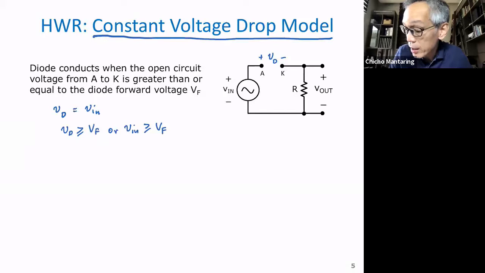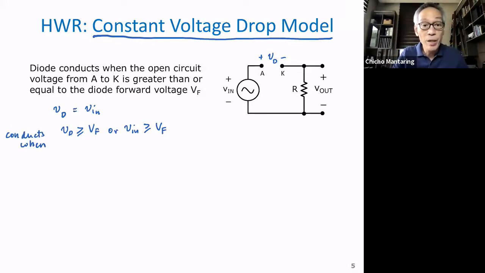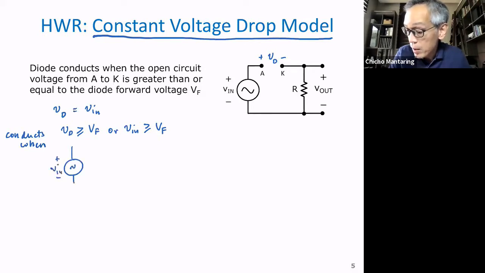Okay, so this conducts, no? So the diode conducts when V in is greater than or equal to V sub F. So what is the equivalent circuit? Your equivalent circuit, V in, you now have your constant voltage drop model, V sub F, okay, and this is now V out.